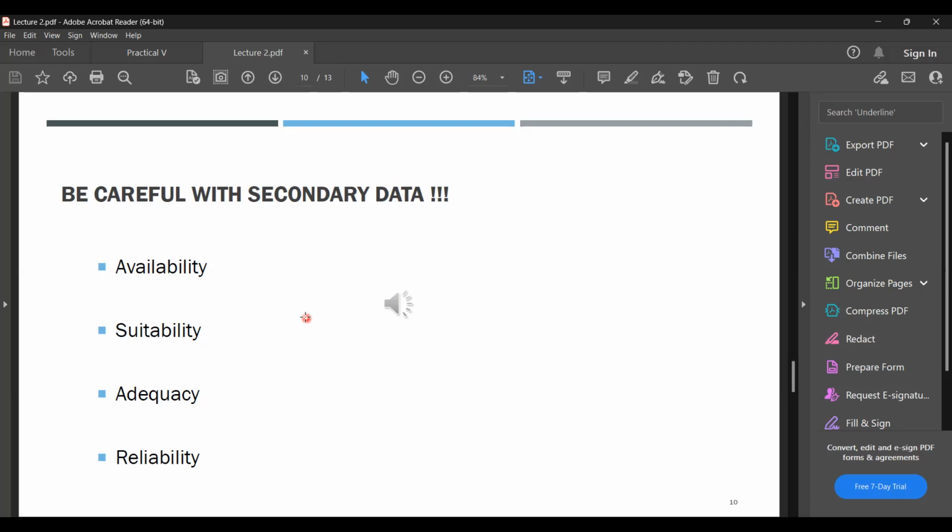And they have collected monthly household income of individuals in Sri Lanka. And do you think that data set is okay to use to analyze the average monthly income of households in Sri Lanka in 2023?